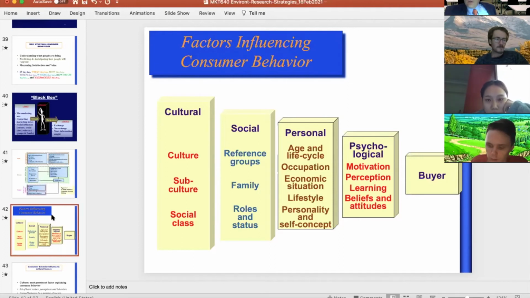Then there are psychological elements, which is why you do things based on different levels of motivation, small motivation, big motivation. Perception of things is how do you see things? Are they important, less important? Are they something that you want to memorize or not? Do you see it as it is, or do you have a bias?